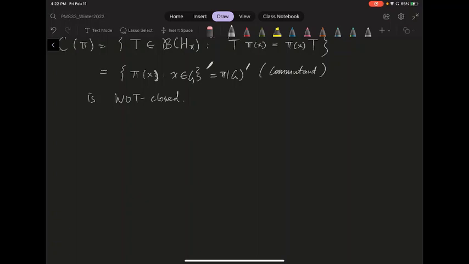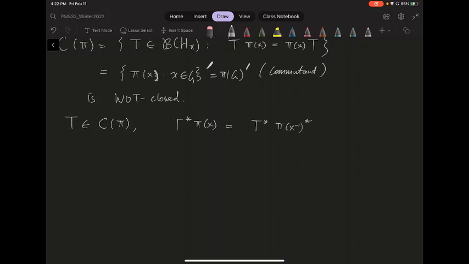And moreover, if I have a T inside C(π), then consider T* multiplied by π(x). You can think of this as T*(π(x)⁻¹)*, the whole thing star.